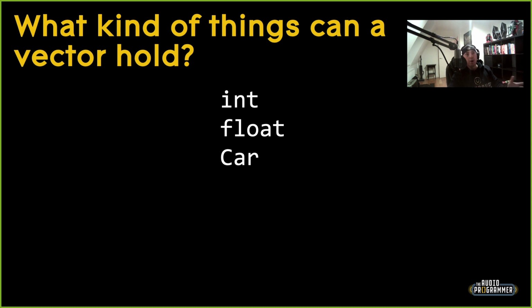If you wanted to have 100 cars in your game, a natural place to put them would be a vector. Or enemies, if you had a bunch of enemies in a game, you'd have them held in a vector. Or students, if you were doing something with their grades, maybe their names or grades might be held in a vector.